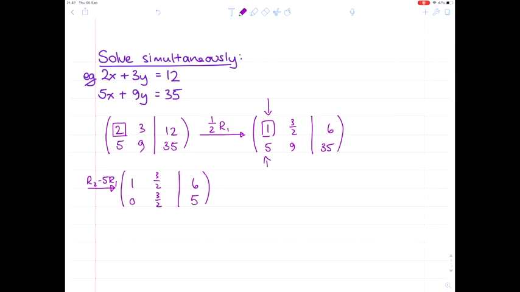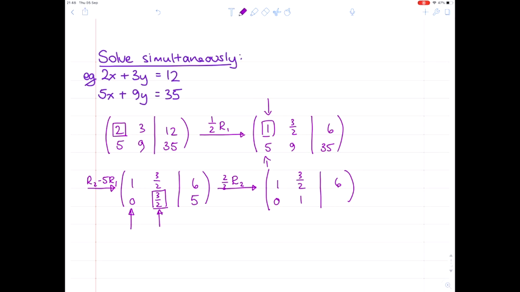So now we've finished with our first column, and we need to find our second column. We need to turn this 3 over 2 into a 1. So let's just multiply through by 2/3. Not changing row 1. 0 times 2/3 is 0. 3 over 2 times 2 over 3 is 1.